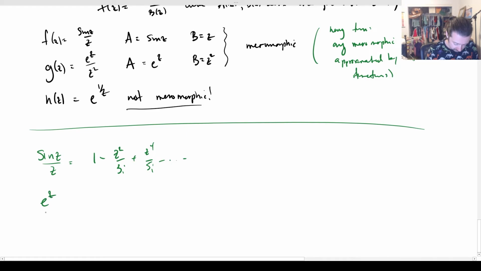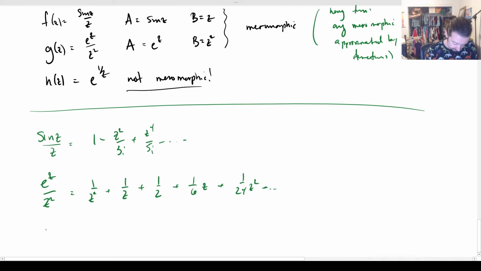And e to the z over z squared was equal to 1 over z squared plus 1 over z plus 1/2 plus 1/6 of z plus 1/24 of z squared. And e to the 1 over z was equal to 1 plus 1 over z plus 1 over 2z squared plus 1 over 3 factorial, 6z cubed, and so on.